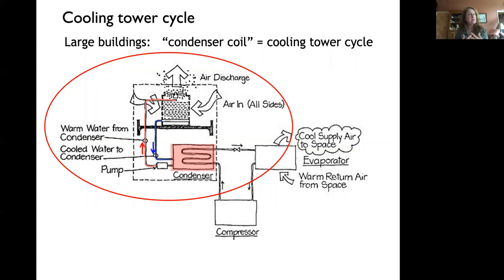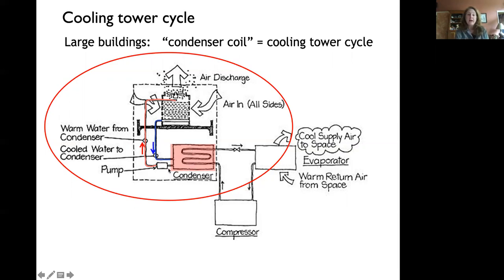So let's do this first example on the condenser side. Which side is this? Is this hot or cold? This is the hot side. This is where you're removing heat from the building and you want to dump it to the outside. With a window air conditioner box in your home, that's just sitting in your window and it's dumping it to the outdoors. In big buildings, you have to reject a lot more heat. So now you have a heat exchanger where instead of running air over the condenser, you're running water.